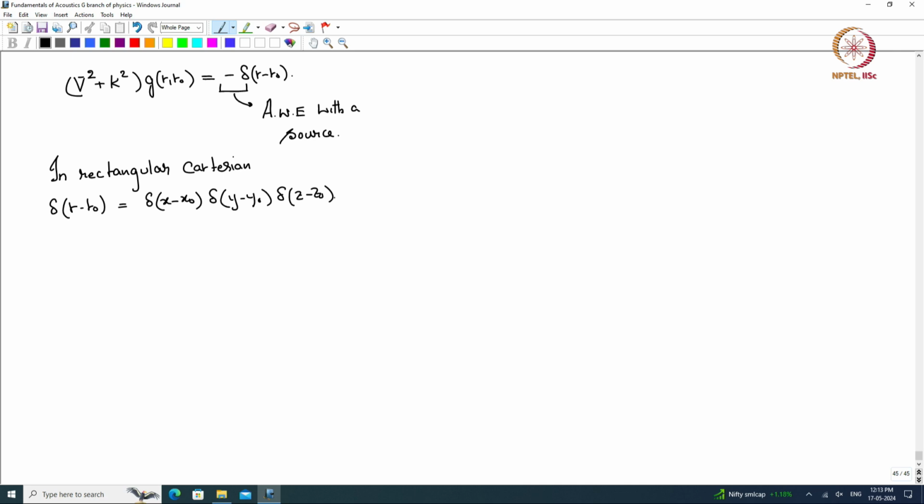So there are three delta functions, so that it has the unit of 1 over L cube.